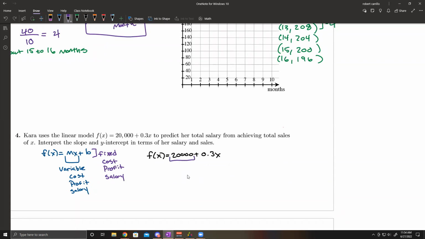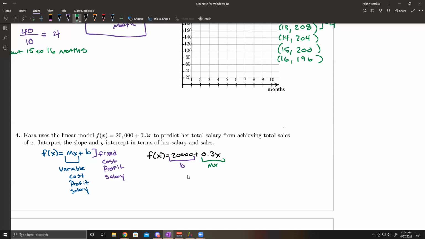This is the b value and this is your mx. Okay, so reading this over again, it says she uses this model to predict her total salary from achieving total sales of X. Interpret the slope and the y-intercept in terms of her salary and sales.